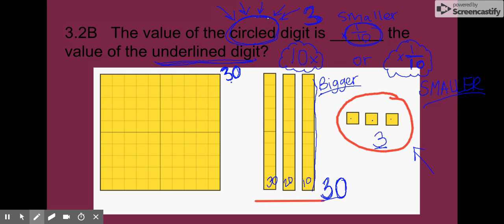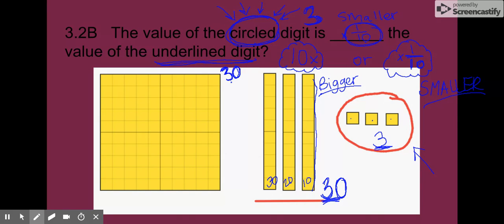The next strategy, it's very important to see what they're asking about first. If they're asking about the circled digit, find out the value of that circled digit first. Or if they're asking first about an underlined digit, find the value of that first and rewrite it in your problem for yourself.